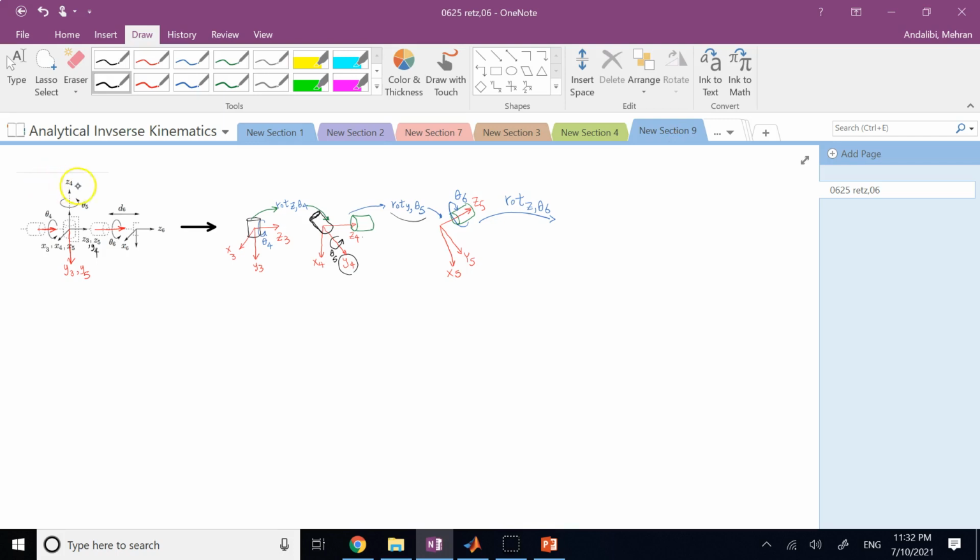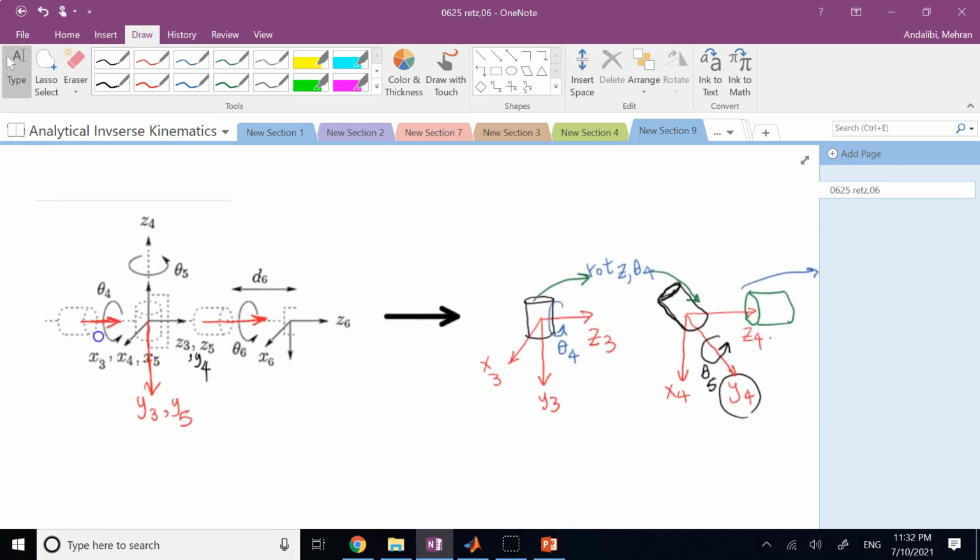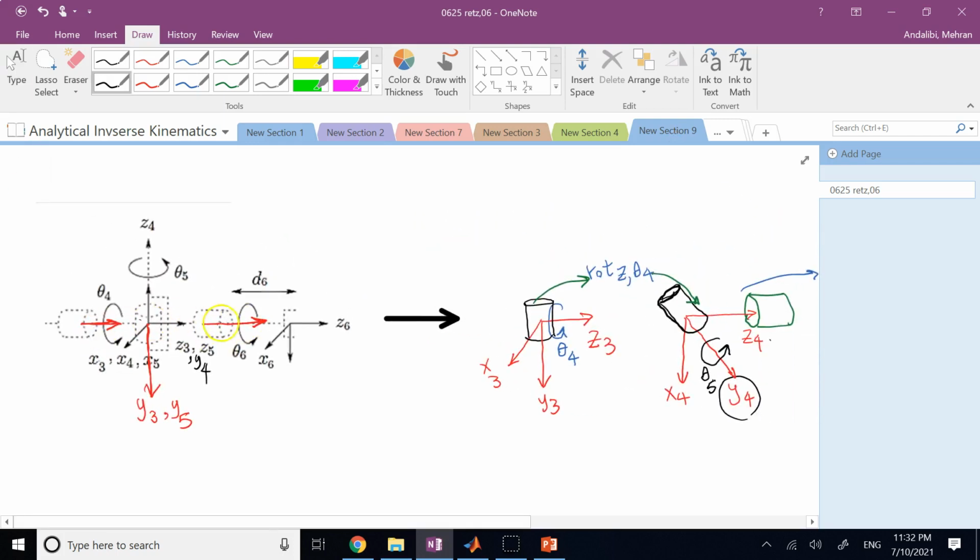Now, which one? Here, I made this picture to kind of clarify it for you. So this is the spherical wrist, and these are the axes of frames 3, 4, 5, and 6 that we had in the forward kinematics using DH method. And as you can see, the first rotation is clearly about the z-axis, right? It's about z number 3, and the rotation angle is theta 4.